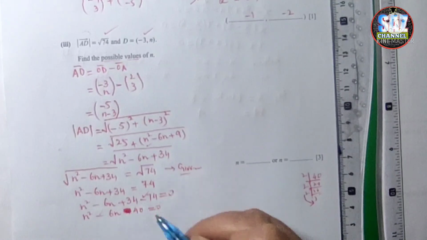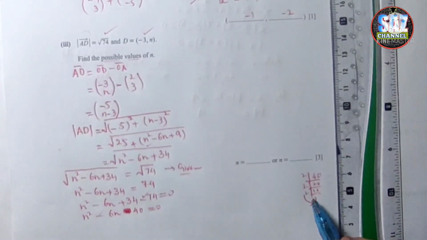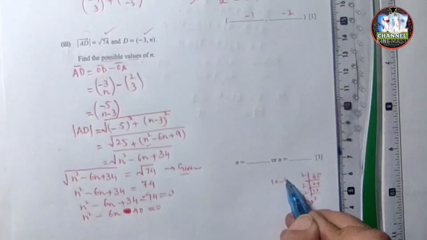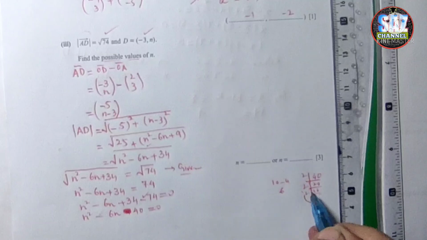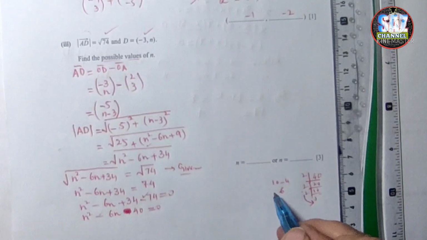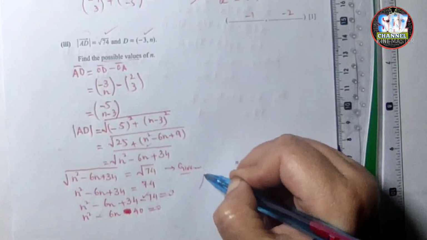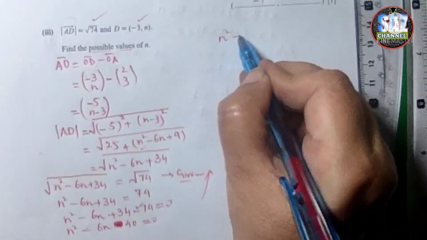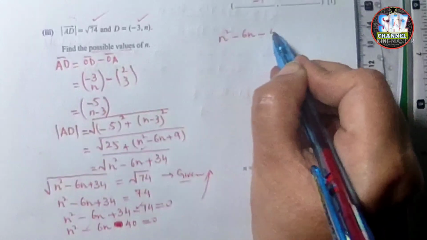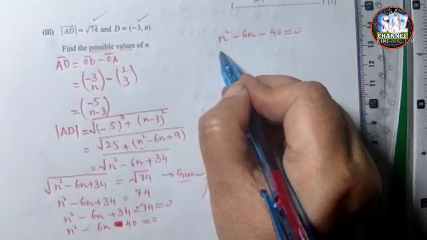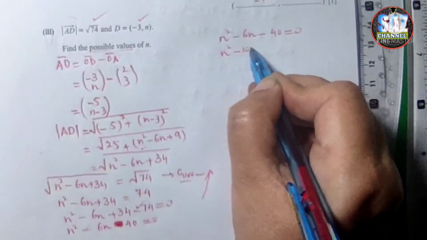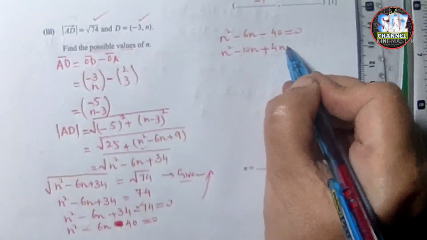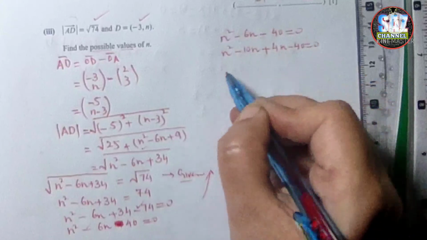I have to be really careful. Okay, 10 and 4, 10 minus 4 can give me 6, and 10 multiplied by 4 can give me 40. So n square minus 6n minus 40 equals 0 becomes n square minus 10n plus 4n minus 40 equals 0.